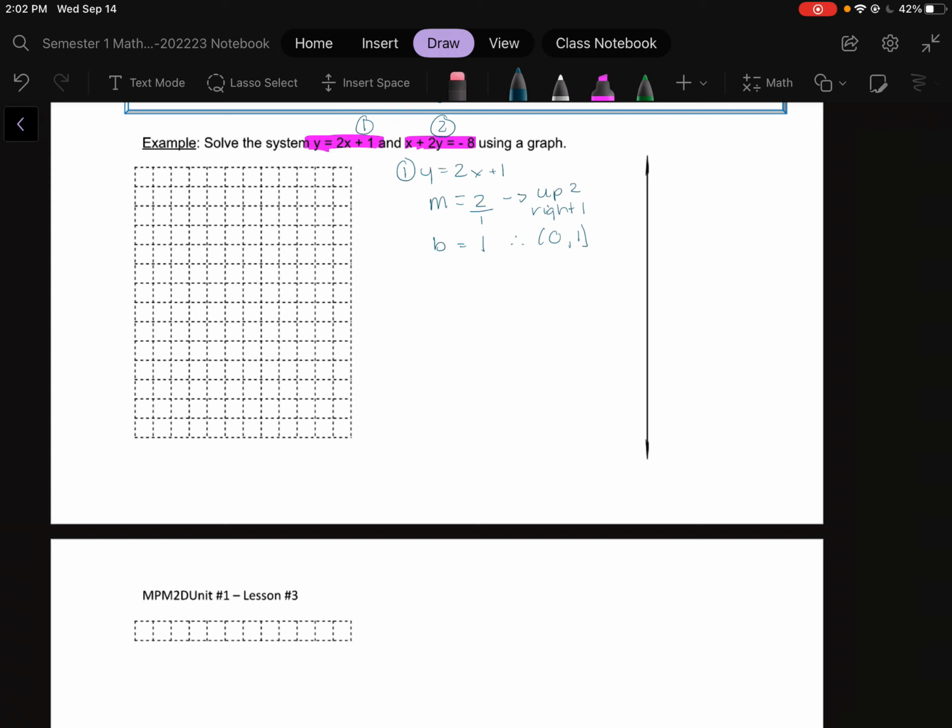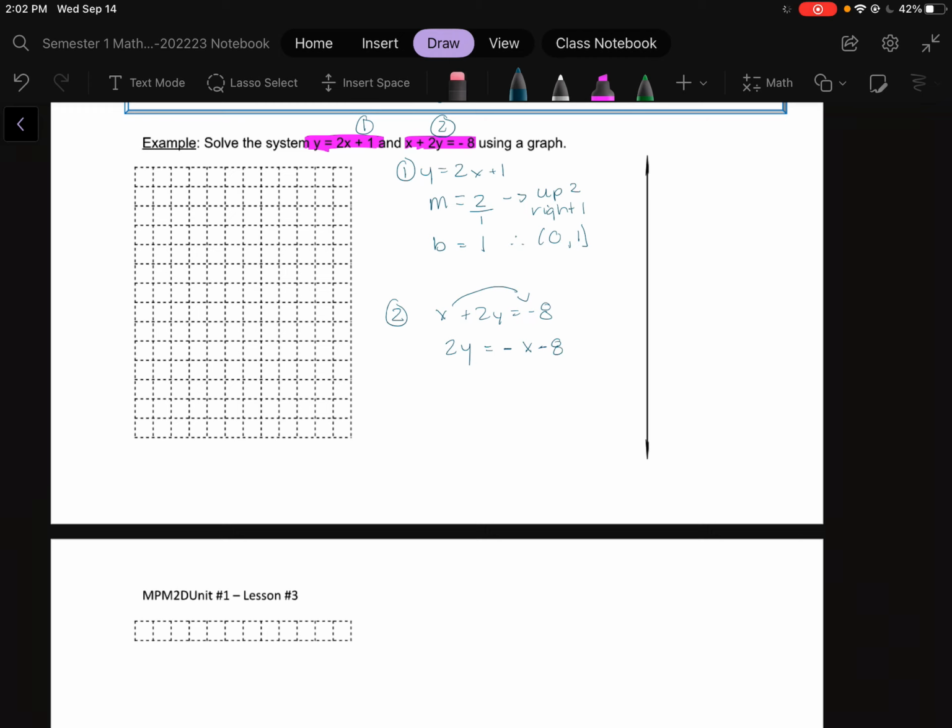Next, we're going to look at part 2: x plus 2y equals -8. We need to isolate our variables and solve. We're going to keep 2y on the left, and move x over to the other side, so we make it -x minus 8.